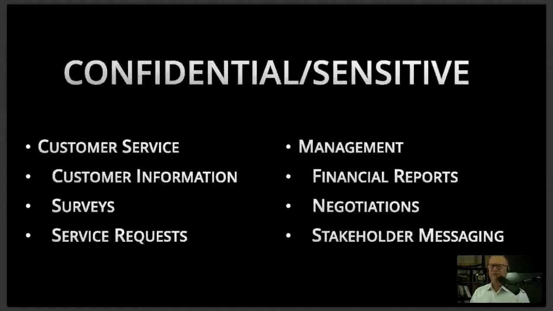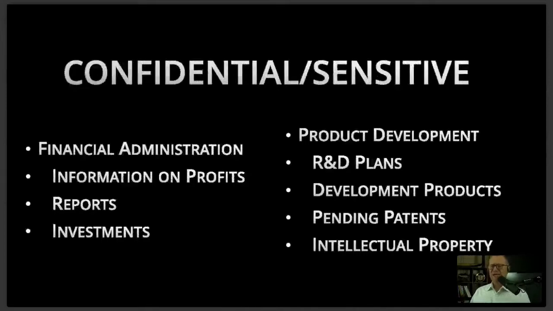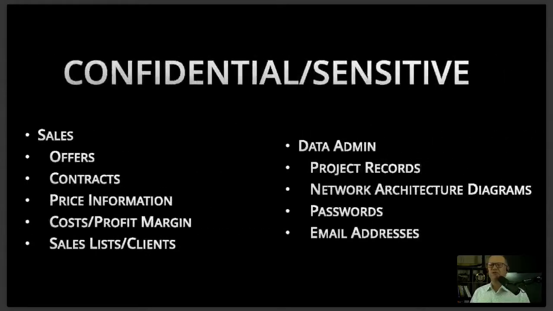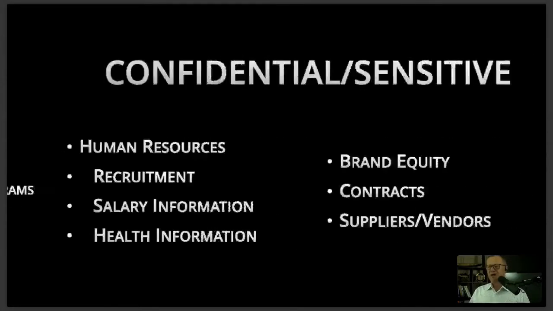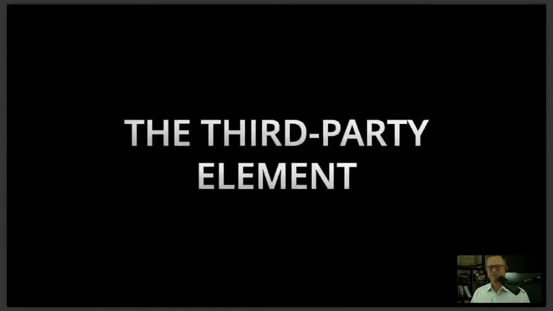We went through this in some detail yesterday. You've got financial, product development, intellectual property, all of your sales data, all of your financial records. Don't forget about that. Projects, passwords, emails, credit cards, human resource information with salaries, social security numbers, all of this stuff. That can really get you in a lot of trouble.